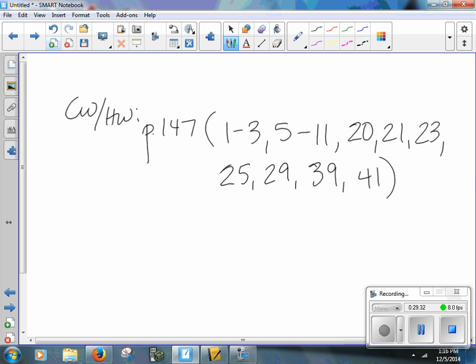Now we have product and quotient rules, yes. Is power rule in there too? Well, yeah, but we always use power rule within those. Product and quotient rules, okay?